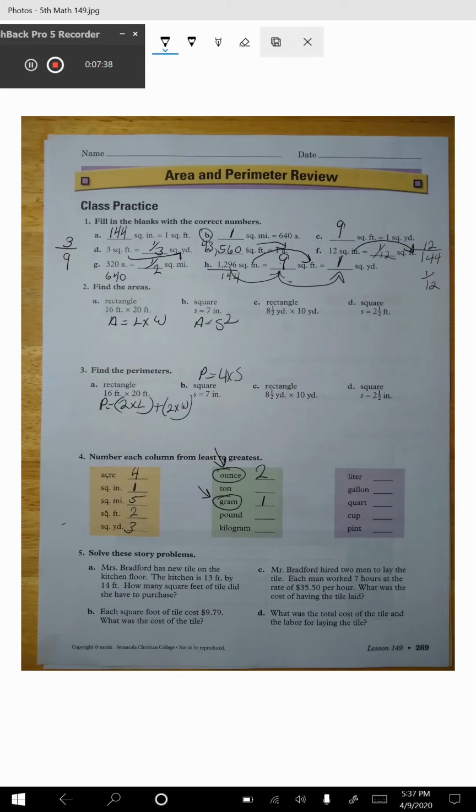And then we're left with pounds, tons, and kilograms. All right, so the pound would be the next heaviest. And then kilogram, let me get my phone out here so I can give you an accurate count. All right, here we go. How many pounds is 1 kilogram?